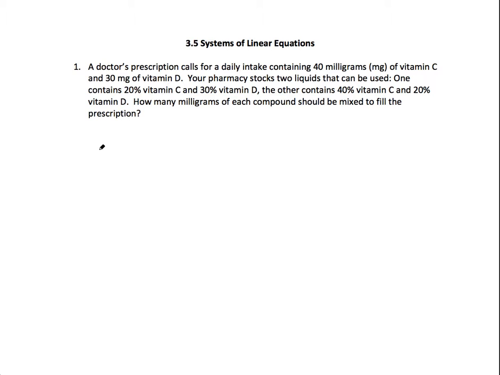One of the liquids contains 20% vitamin C and 30% vitamin D, and the other liquid contains 40% vitamin C and 20% vitamin D. The question is, how many milligrams of each of those liquids should you mix together so that you can fill the prescription called for by the doctor?